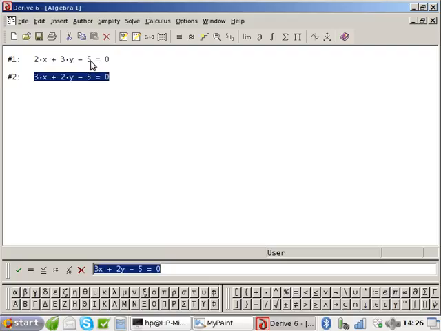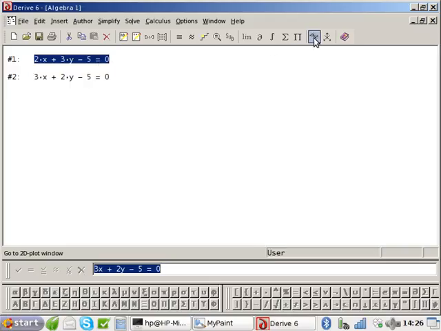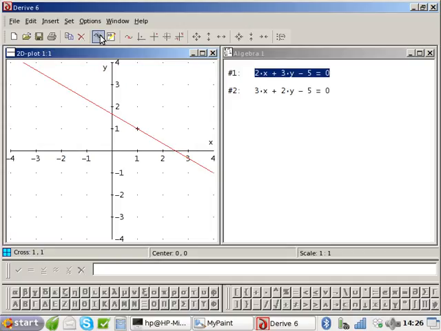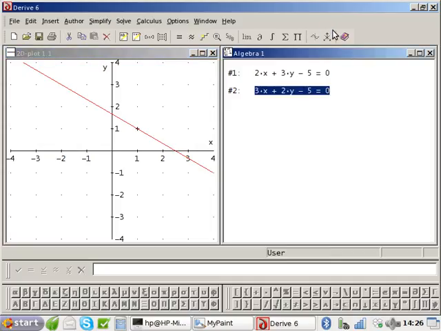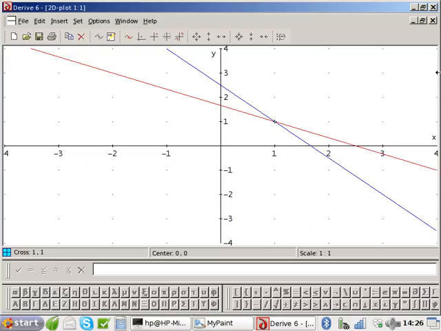Let me graph. Okay, so there's the first line, and then here's the second line. Can you see that they do meet exactly at 1, 1, which is the answer that I got. So that's what we're doing. We're finding where 2 lines meet.